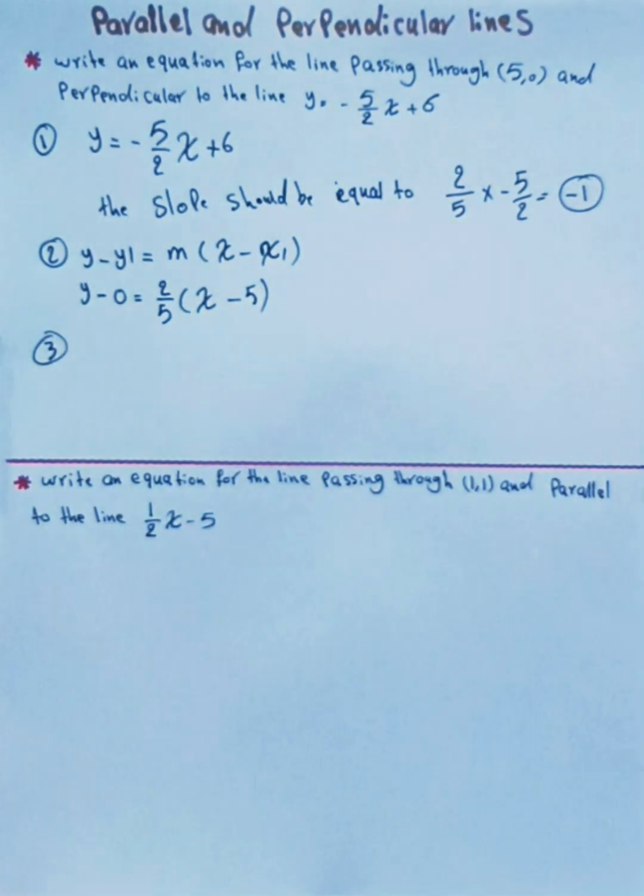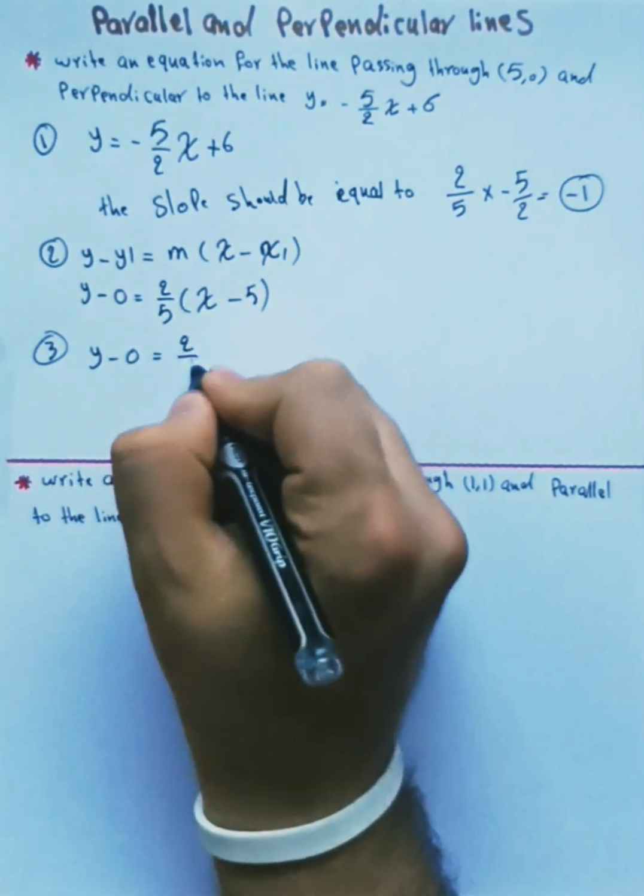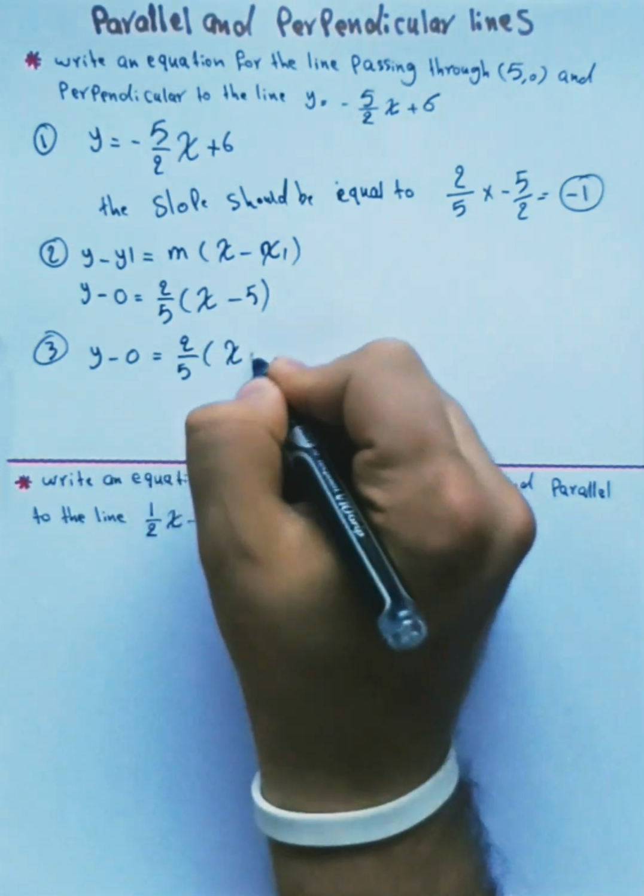The last step, we have to write the equation in slope-intercept form. y minus 0 equal to 2 out of 5 times x minus 5.